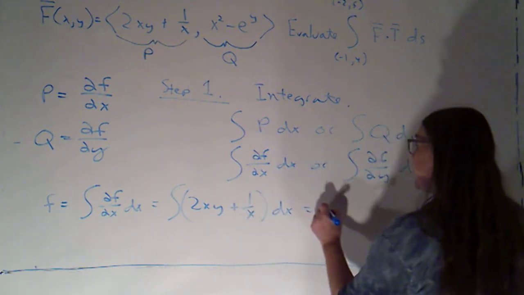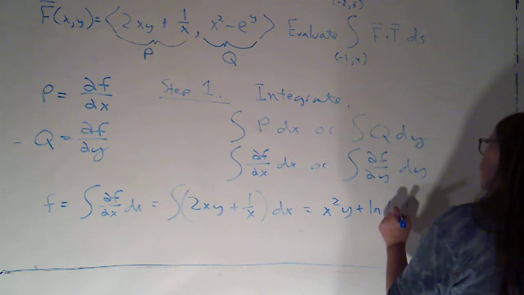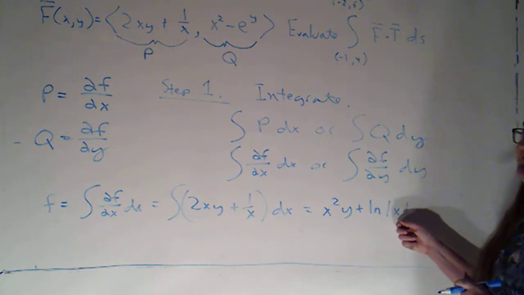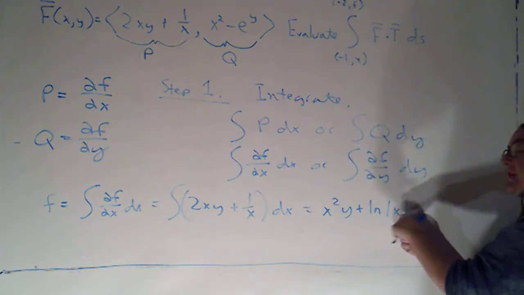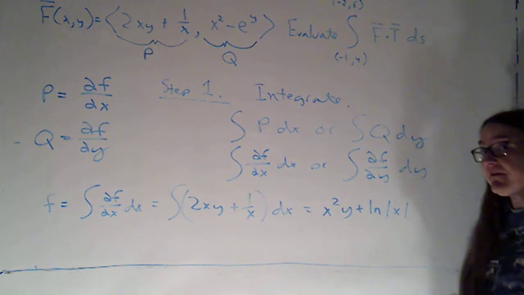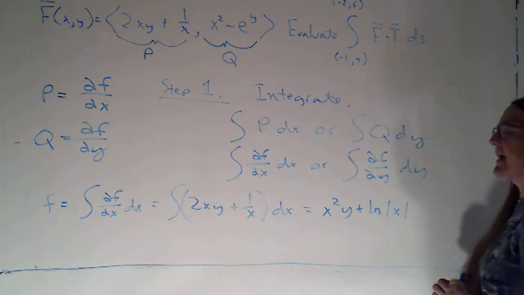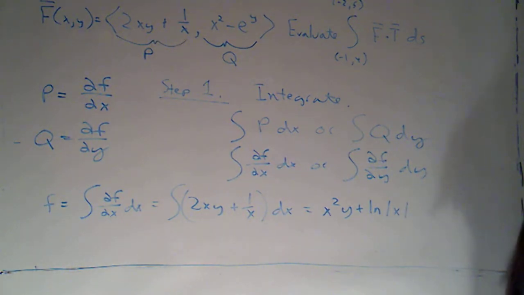So here I'm going to get x squared y plus the natural log of the absolute value of x. Absolute value is going to be very important because I've got negative x values. So if you are one of those people who is sloppy about the absolute values that you get when you integrate 1 over x, shame on you, and don't do that ever again. Okay. All right, and then plus a constant.